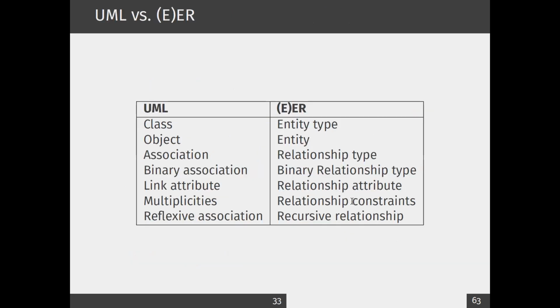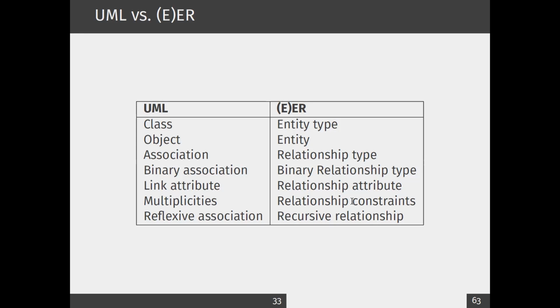Right. Now, the difference between the terms that we will use. In UML, we use class, but in database perspective, it's entity type. In UML, we talk about the objects we are creating. In ER, we have entities. In UML, we have associations.